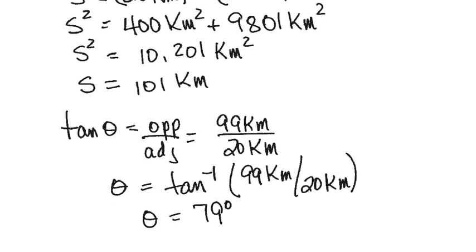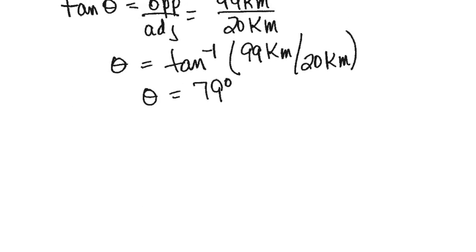Now, how do I find that angle theta? Well, I say the tangent of theta is the opposite over the adjacent, and according to our triangle, the opposite is 99 kilometers. The adjacent is 20 kilometers. So when I solve for theta, I find it's the inverse tangent or the arctangent, both mean the same thing, of 99 kilometers divided by 20 kilometers. I put that in my calculator and I find that the angle theta has a magnitude of 79 degrees.